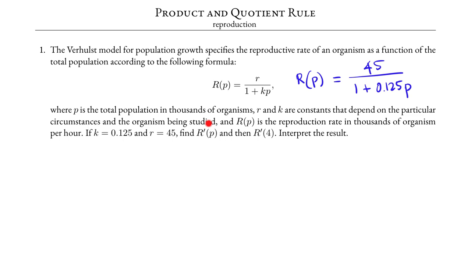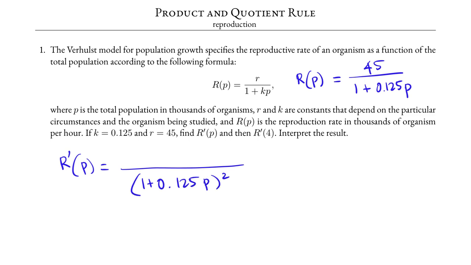What that means is that we would need to first find the derivative and then substitute 4 into P in the derivative function. We recognize that this is a quotient with the top over the bottom, and so using the quotient rule, R prime of P is: we first square the denominator, (1 plus 0.125P) squared.